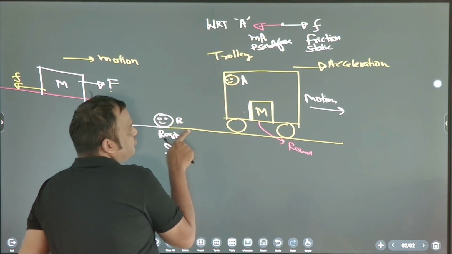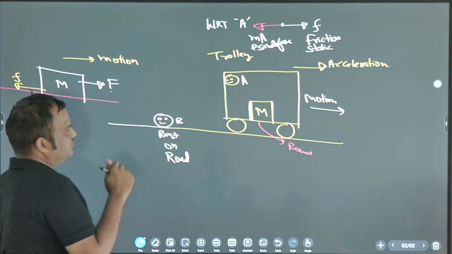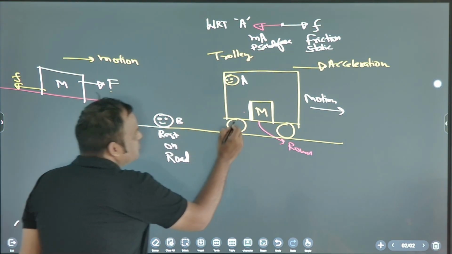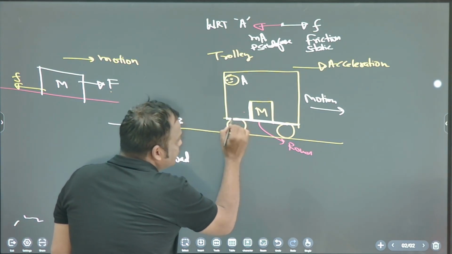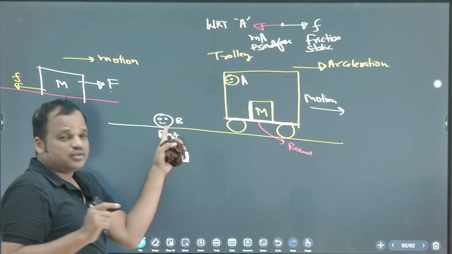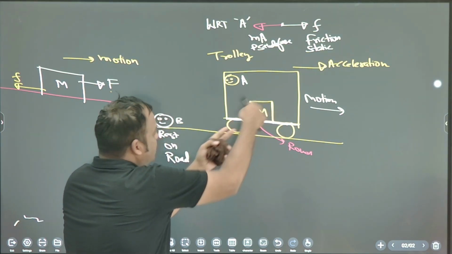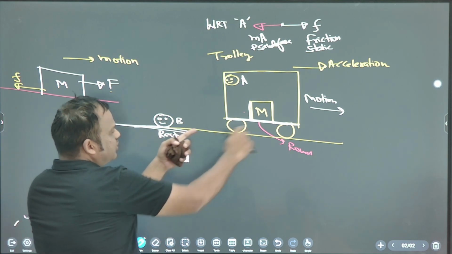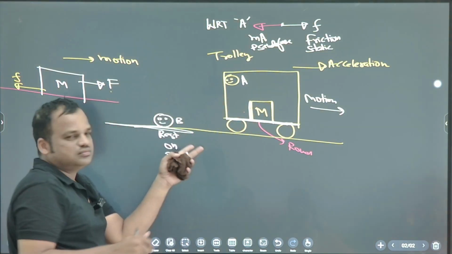So what type of friction will B observe? Static or kinetic? It is static only, because B is observing this surface also, the floor of the bus, and this box also, and B is observing that the box is not sliding on the surface. For B, it is not the road. With respect to the road, this block is moving. But what is the surface in contact with the block?